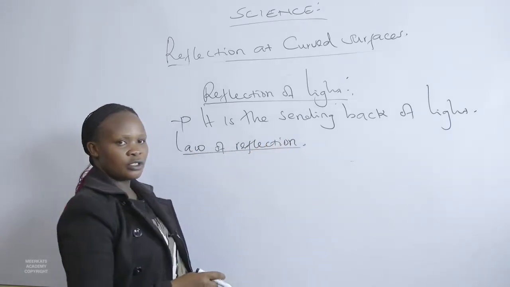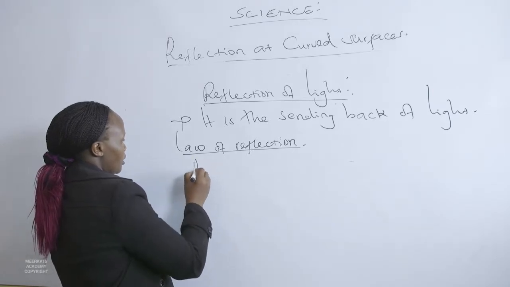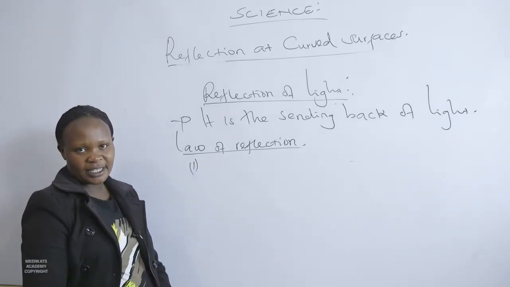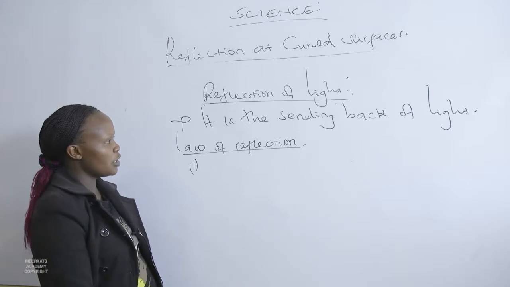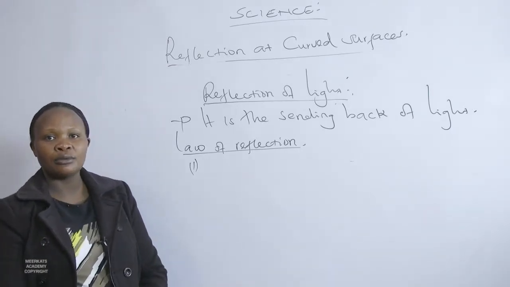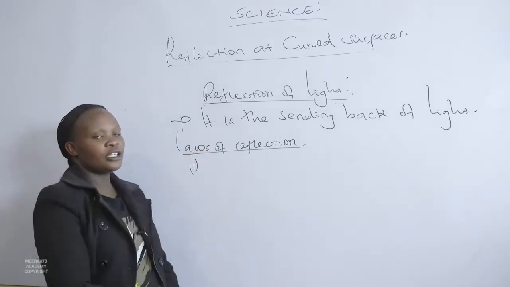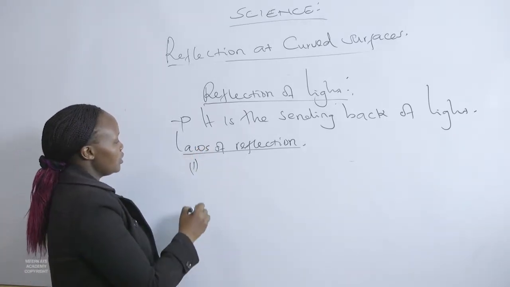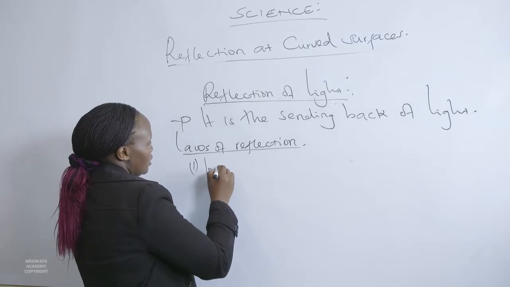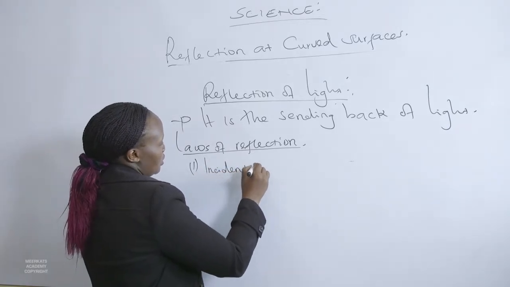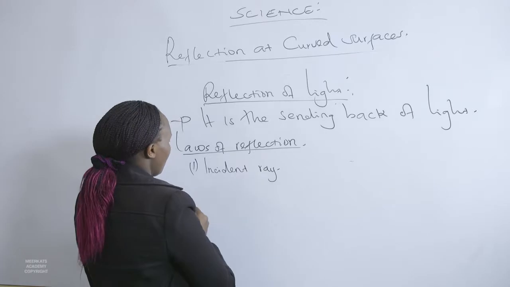On the laws of reflection. Now, number one, we have three rays that we consider when we talk about the laws of reflection. We have one we call the incident ray.